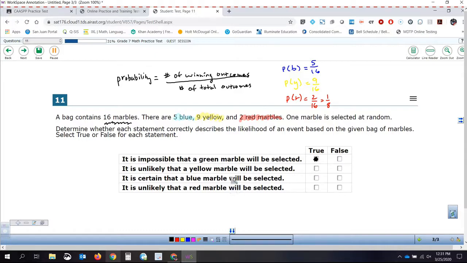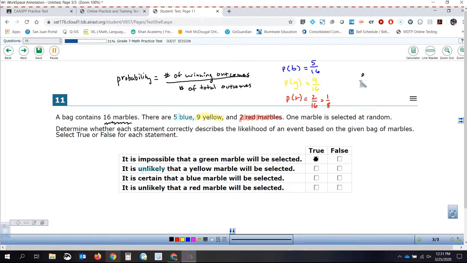It is unlikely that a yellow marble will be selected. Well, I don't really like this question because I would ask, well, what does unlikely mean? That's not really a mathematical term. But if we take a look at this, I think we can decide pretty clearly that it's not unlikely. In fact, 9 out of 16 is greater than half.